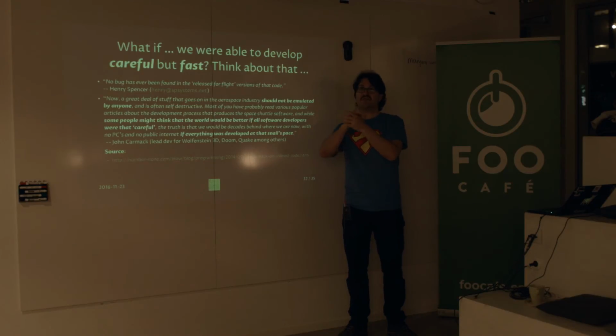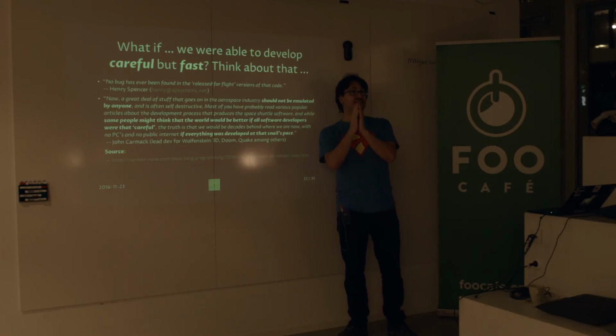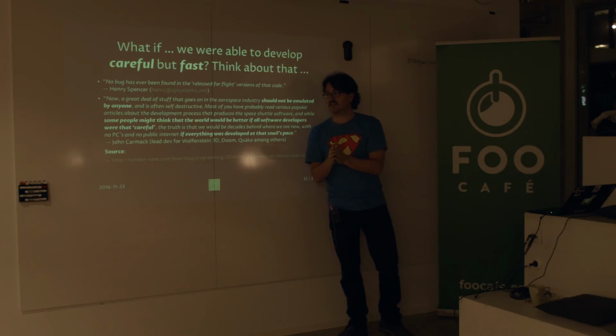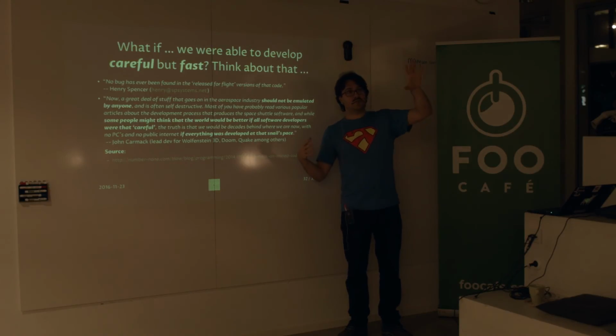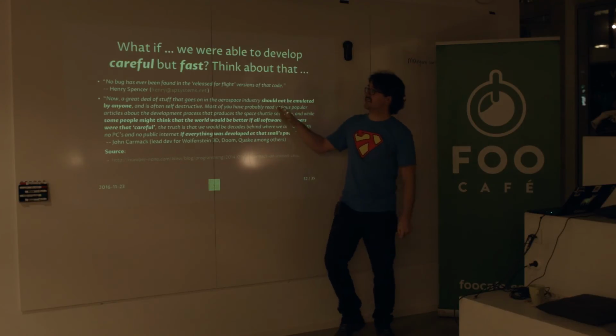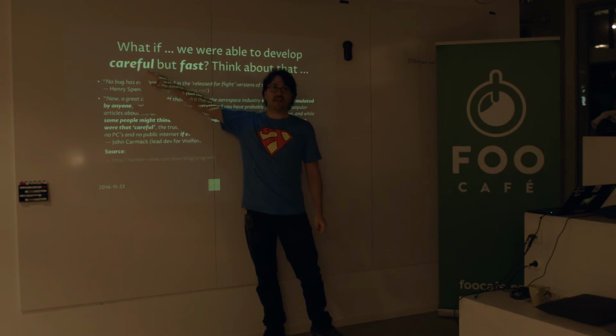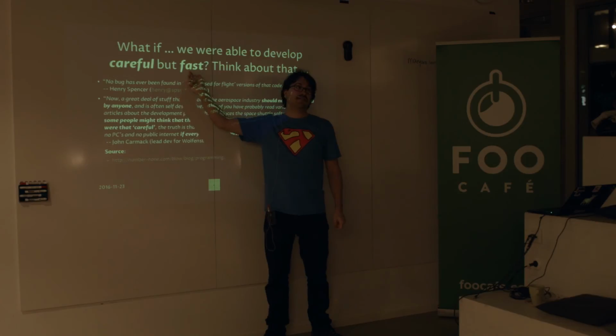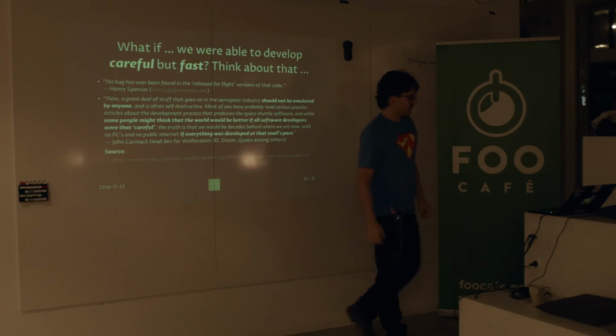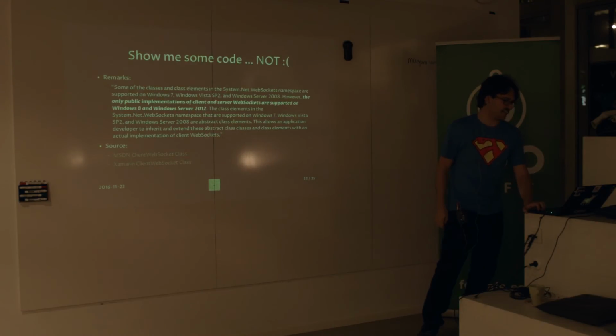And if we can make the implementation almost trivial for the developers, we're actually going in a step that is careful and correct, but fast. So this is more or less the point of this whole talk.